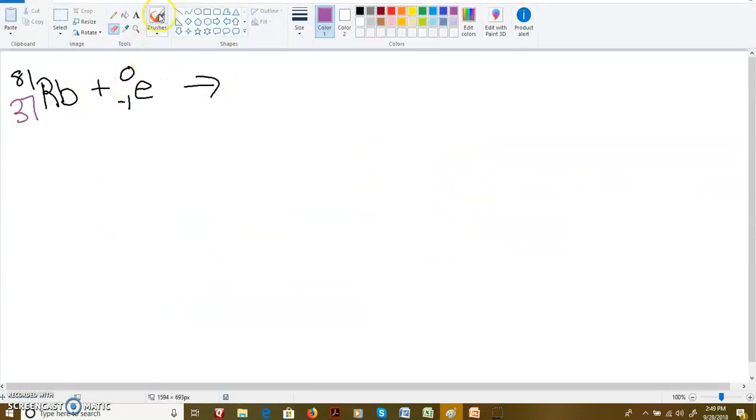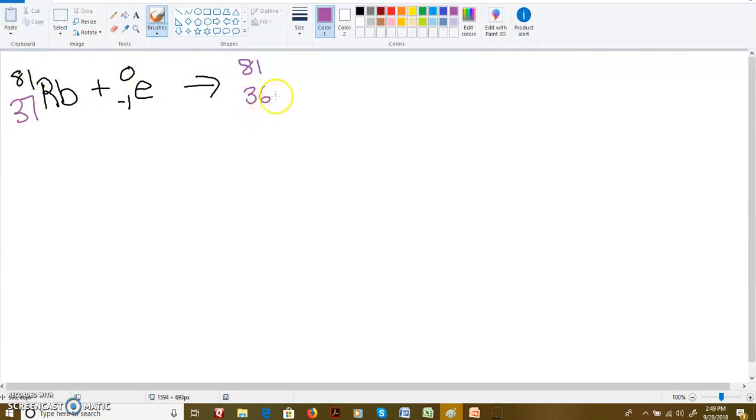Alright, for example number 2, I am told that rubidium-81, or rubidium with a mass of 81, is going to undergo some type of fission or fusion, right here, to create a new thing. So what I'm going to do is some basic math. 37 minus 1 is 36. 81 plus 0 is 81.